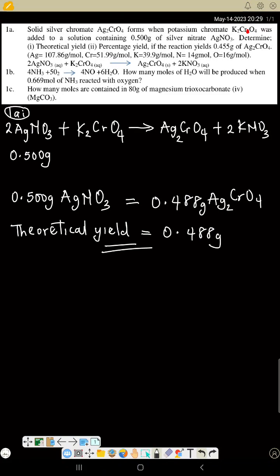So if you look at the yield they gave us, that is 0.455, that is the actual yield.